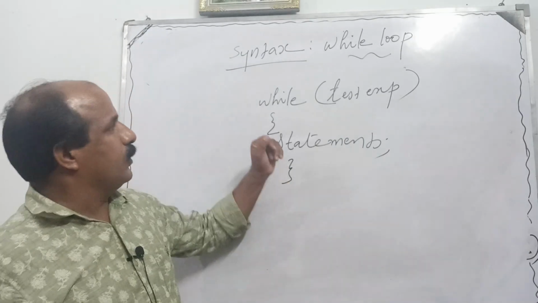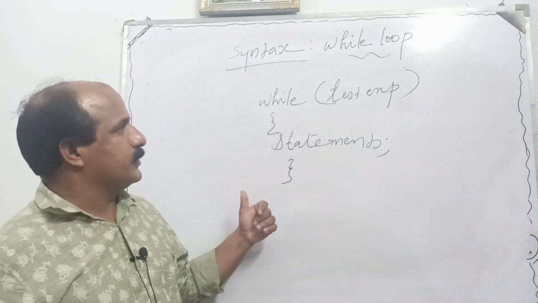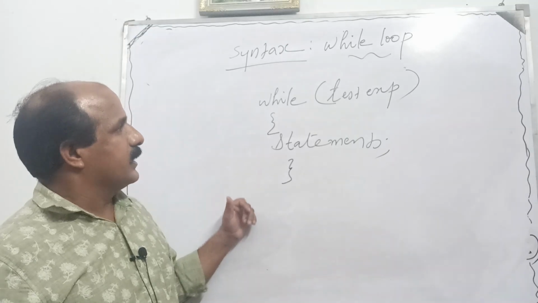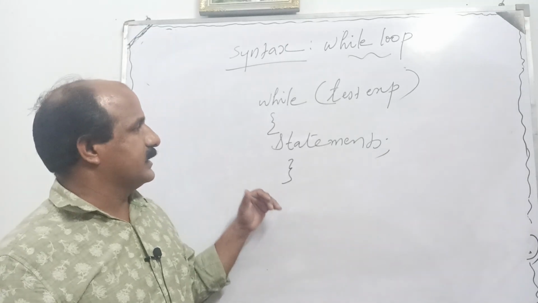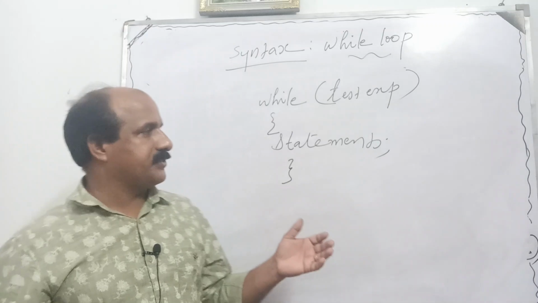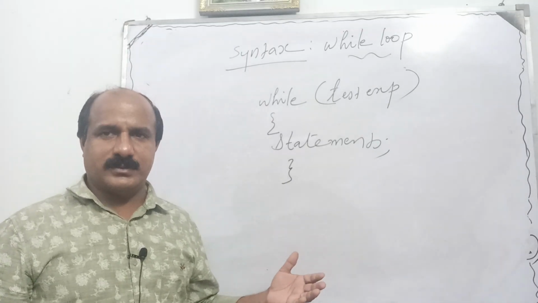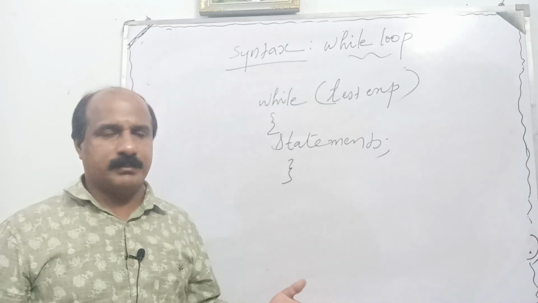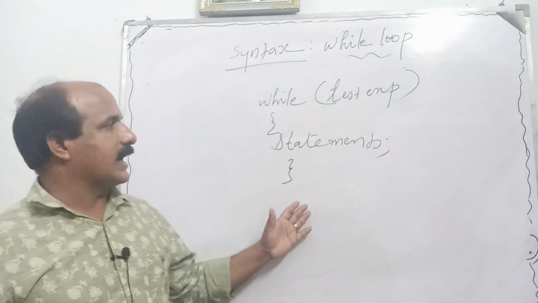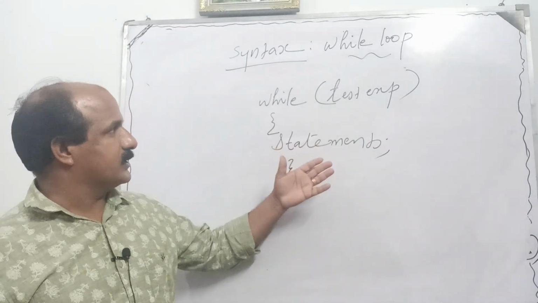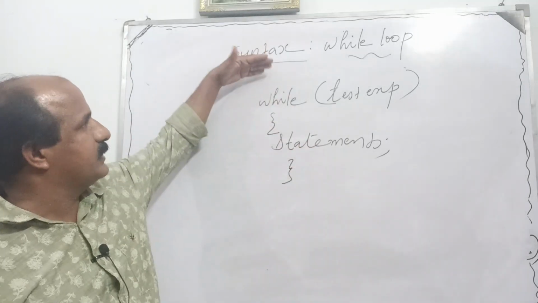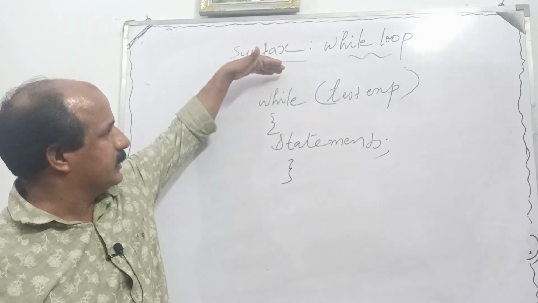In a for loop you know that the test expression, the initialization, the updation, everything is given there in the same place. It is a structured loop, but here everything is scattered. And the initialization is not mentioned. If you wanted to give the initialization, that part will be given here.